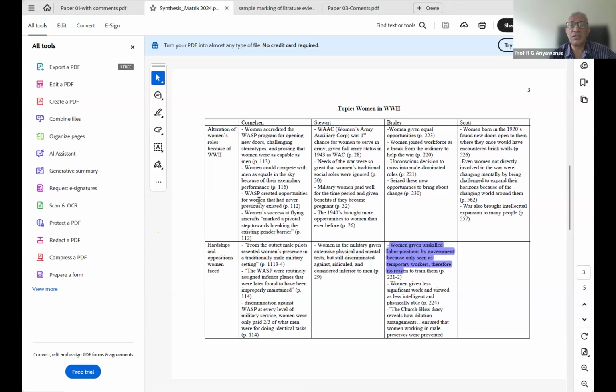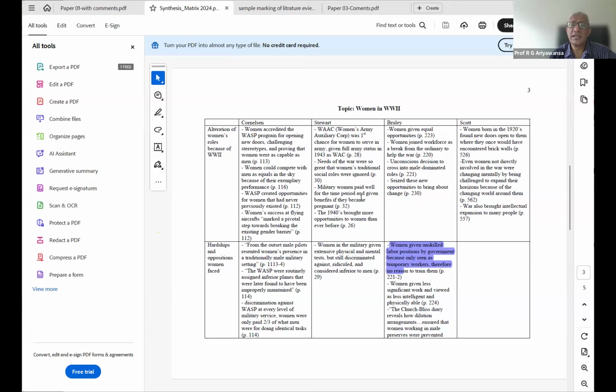Based on that research problem, they searched the literature and organized it in this matrix. This is one source, a particular author they have read, and this is another author they have read, and another, likewise. This article explained some ideas about the women's role, and this author has different ideas about the women's role.